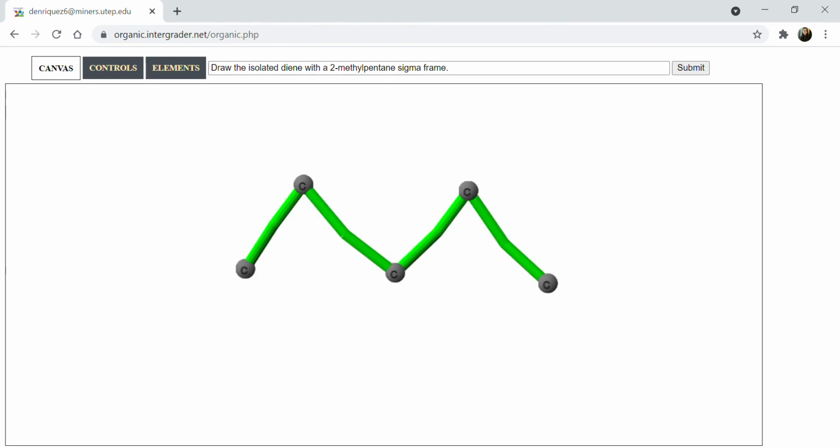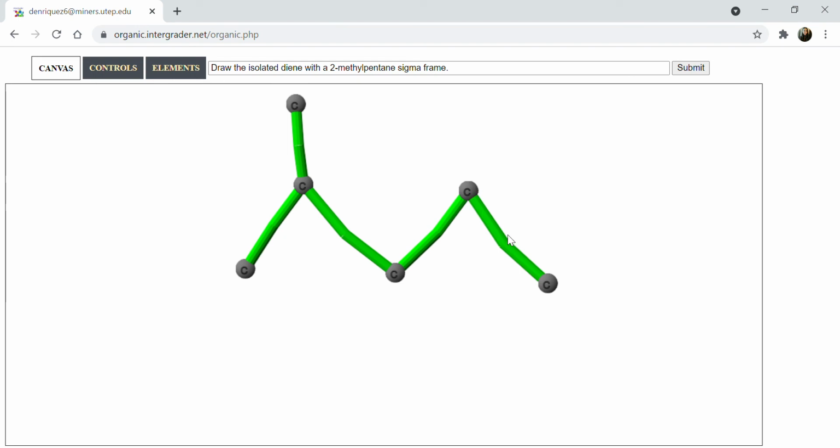Okay, and now lastly we have our isolated diene with a 2-methyl pentane sigma frame. So I'll start by drawing my pentane. That signifies that I only have single bonds until I go and add those 2 double bonds. I'll add my methyl pentane, my 2-methyl, and then I'm going to go ahead and add some isolated double bonds. So I'm going to have 1 over here and 1 over here.